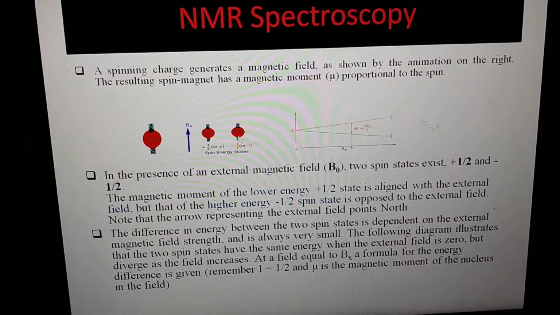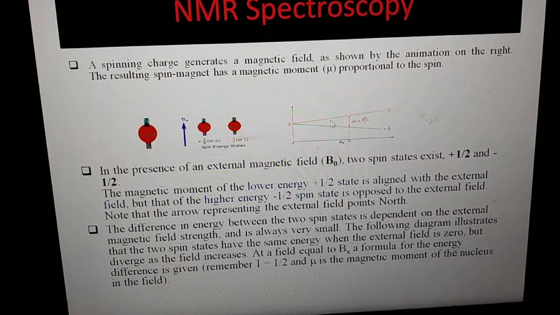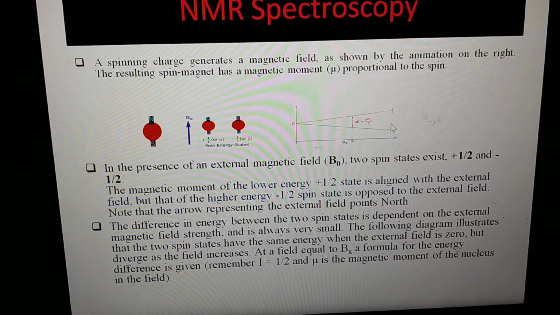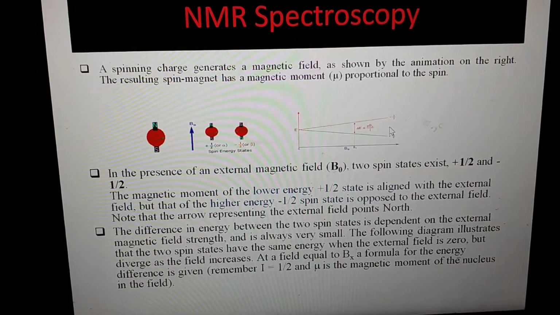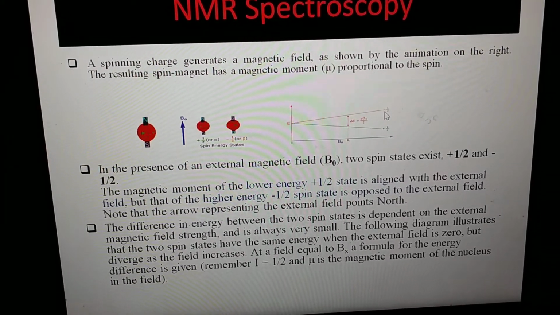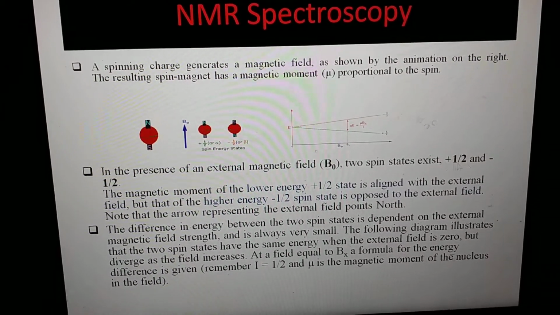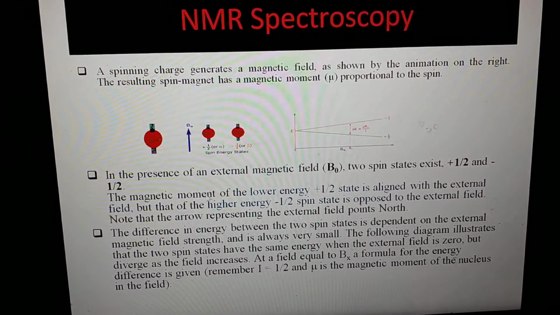When you apply an external magnetic field, these spins are differentiated into a lower energy state and a higher energy state. The lower energy state is plus 1/2, and the higher energy state is minus 1/2. So in the presence of an external magnetic field, two spin states exist, plus 1/2 and minus 1/2.